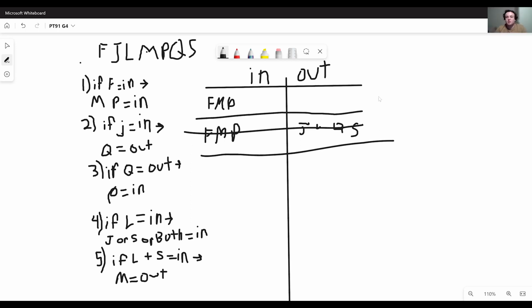I didn't look at the rest of them after that. Fair. I also input F and got F, M, and P, but I didn't double check that I could get a selection with only those. So in the future I will double check that.